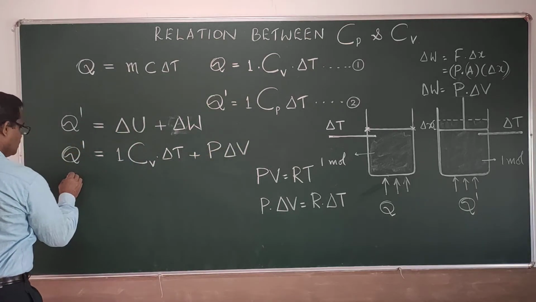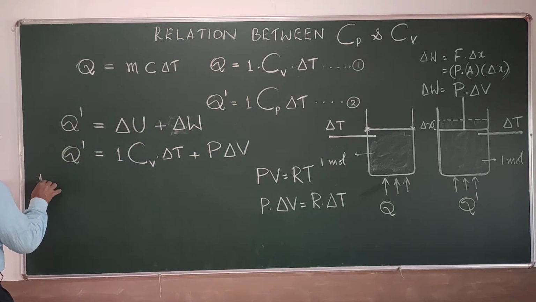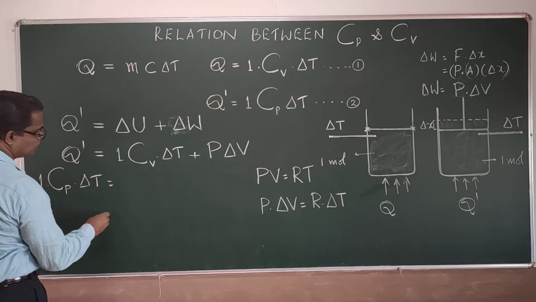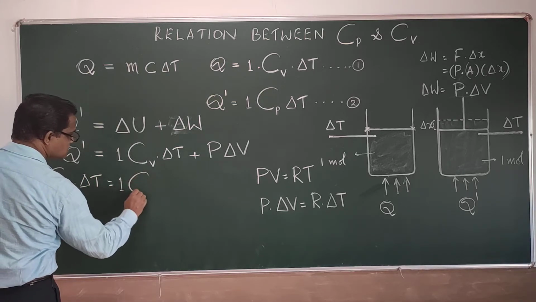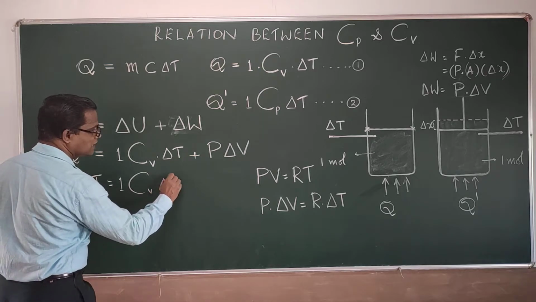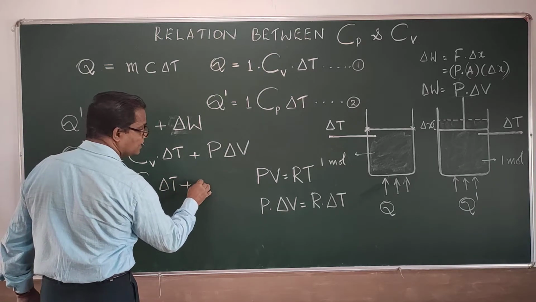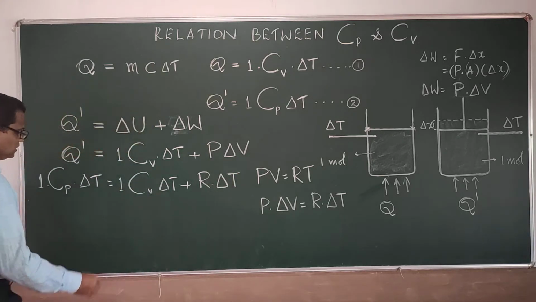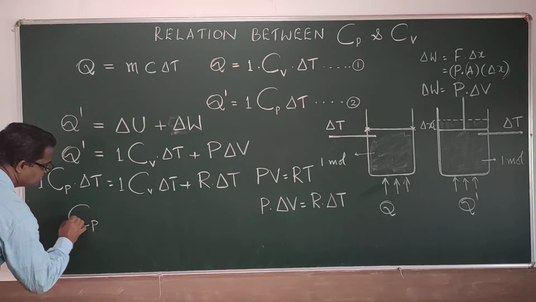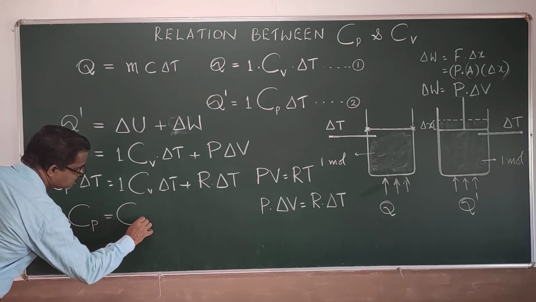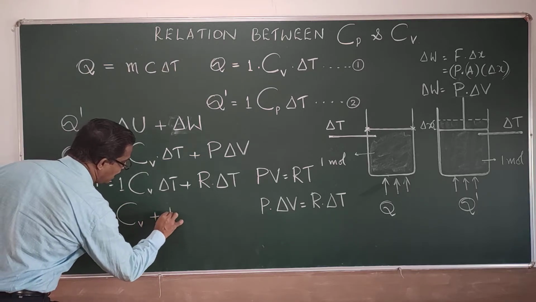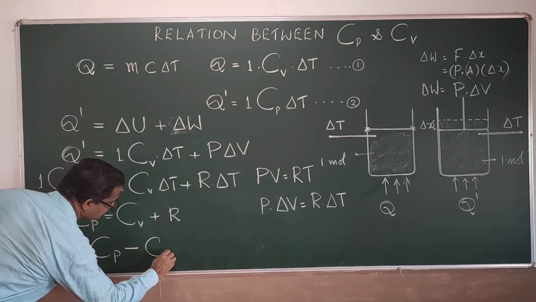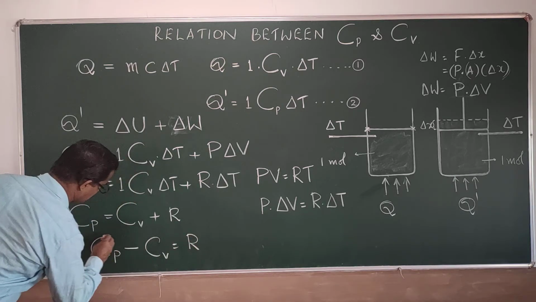Bringing that over here, you get 1 into Cp into delta T is equal to 1 into Cv into delta T plus 1 into R into delta T. Therefore, from this you get Cp equal to Cv plus R, or Cp minus Cv is equal to R.